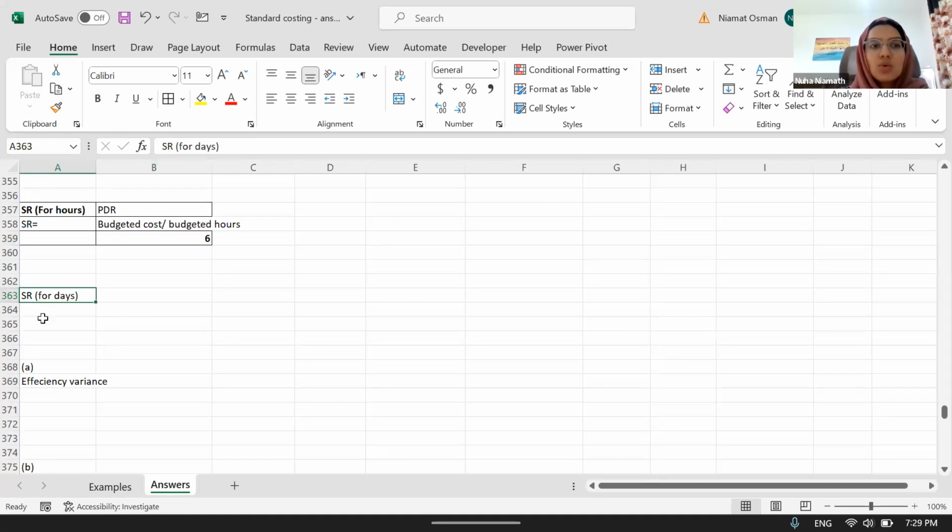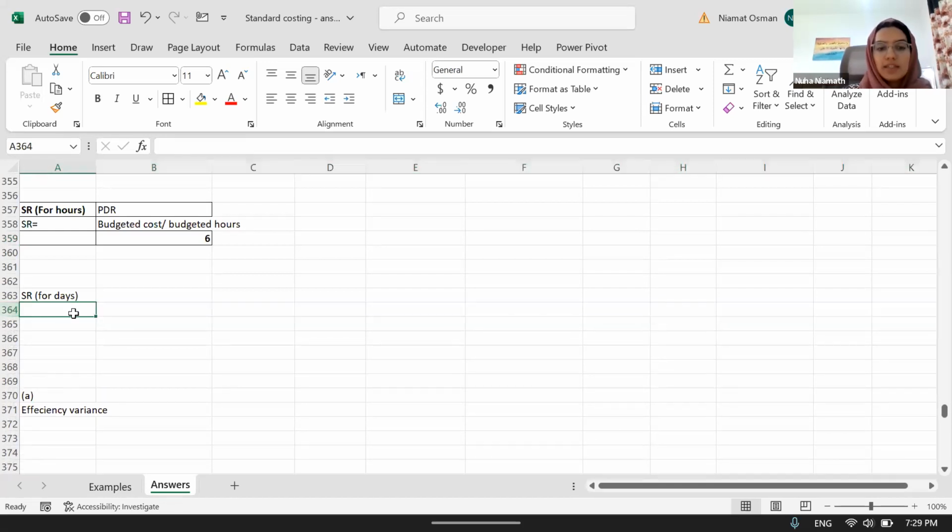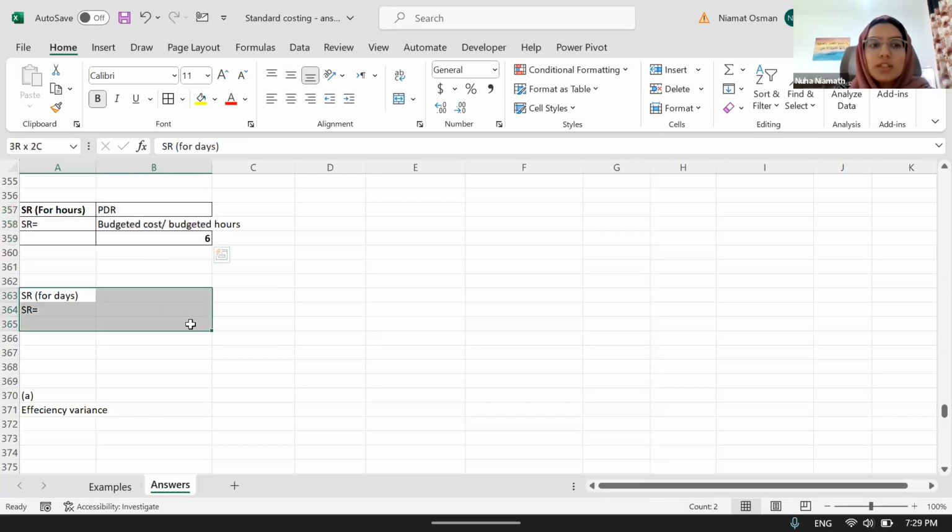Correct? So tell me everybody, what will be my standard rate for days? How do you think we will calculate the standard rates for days? You know how we have calculated for hours. Use your logic, use your brain a little and think how we will calculate it for days. I need somebody to answer in the chat box.